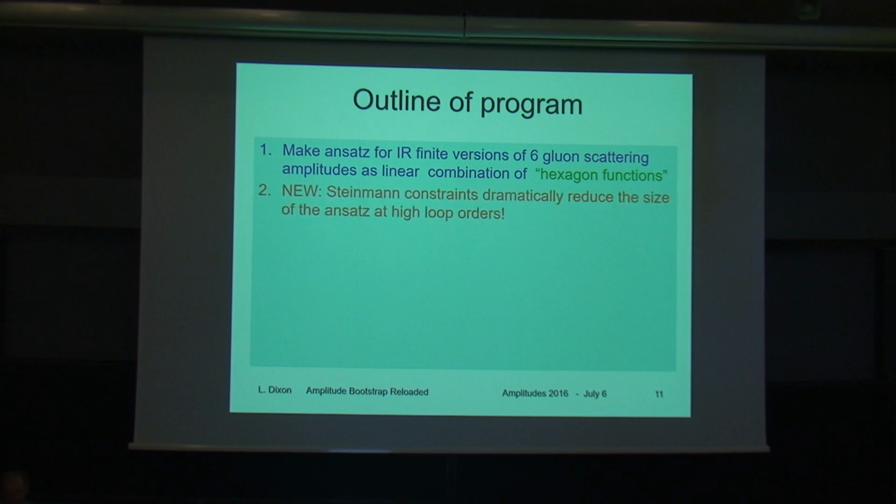This much smaller space comes from things called the Steinmann constraints, which I'll explain in a little bit. But they dramatically reduce the size of the ansatz by a factor of almost 10 at 4 loops, and even more at higher loops.